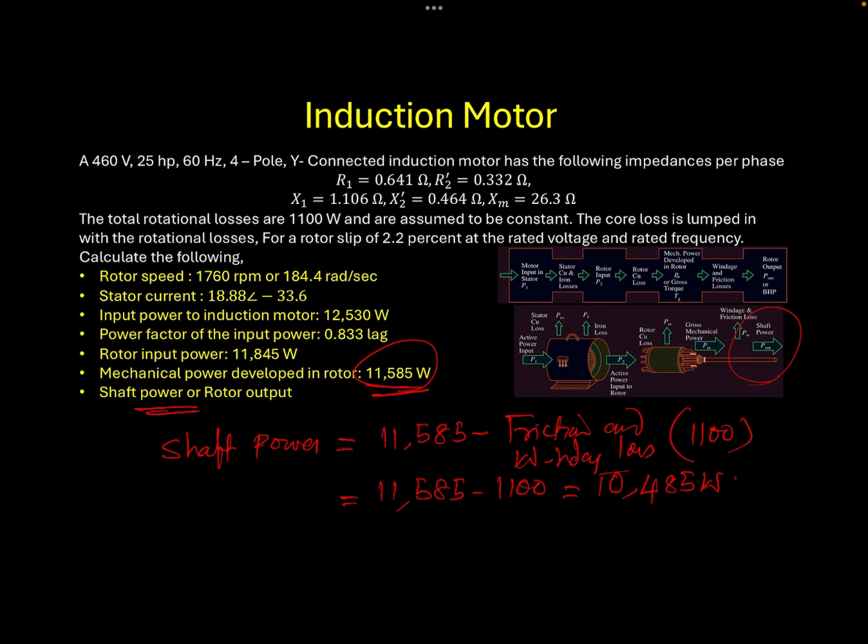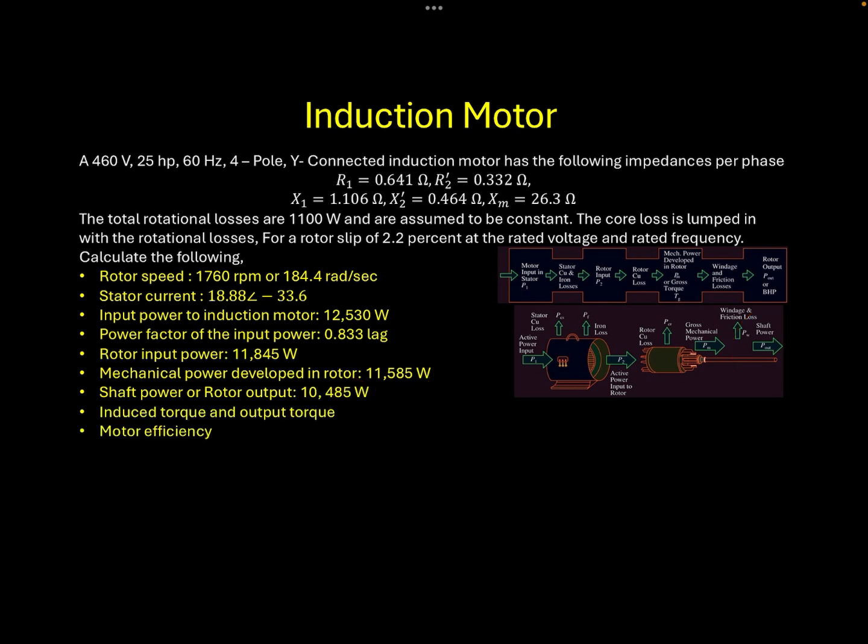Once you know the shaft power output, we can also calculate the induced torque and the torque that you are getting as an output. The torque is induced here, but you get this amount of torque as an output. So this is the torque induced and this is the torque output.